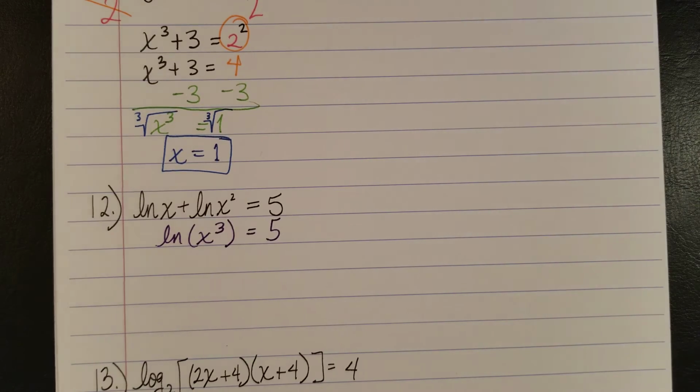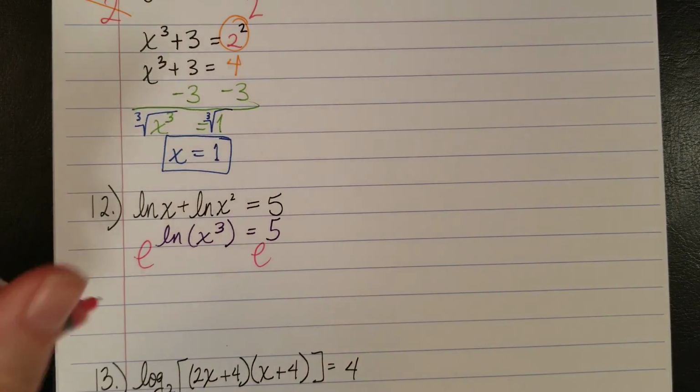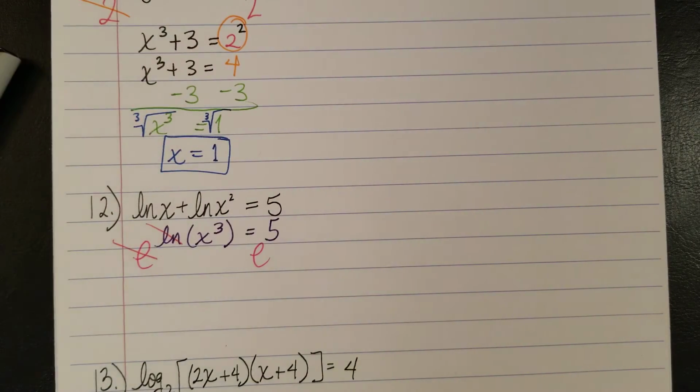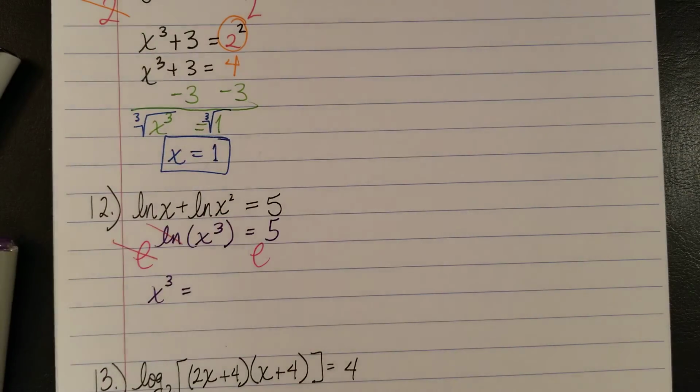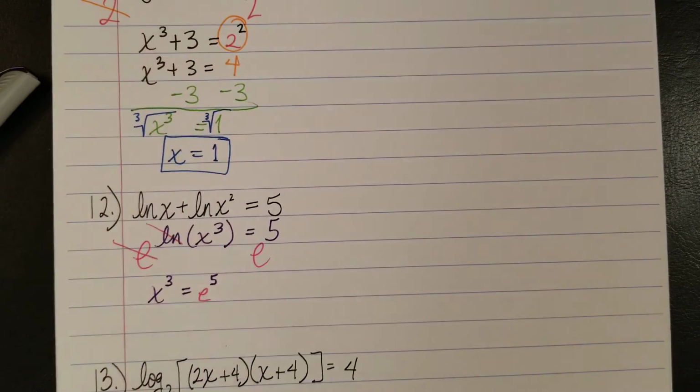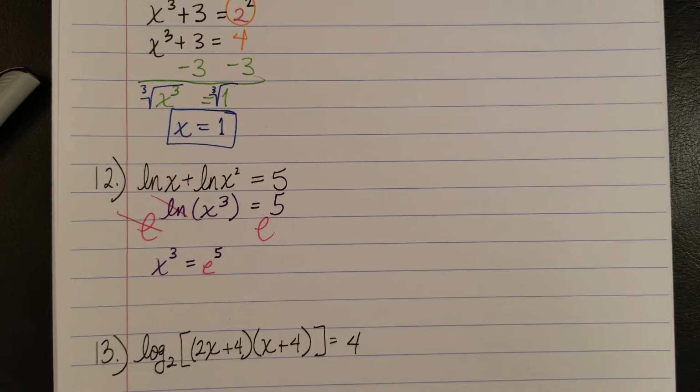Then, since I know that the base is e, now I can do this and that. So that gives me x cubed equals e to the 5th power. So to get x by itself, I can take the cube root of both sides.